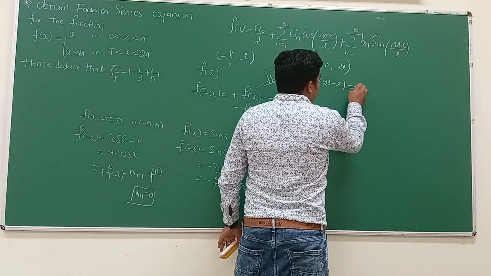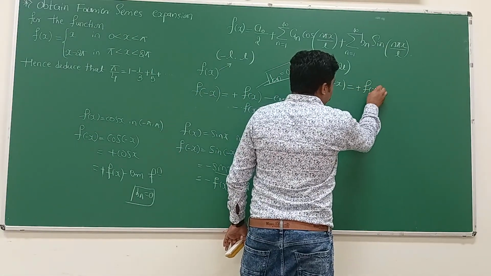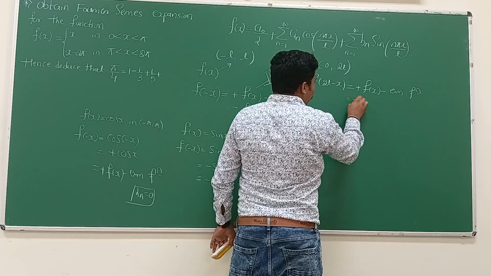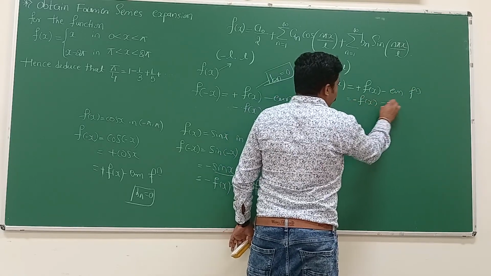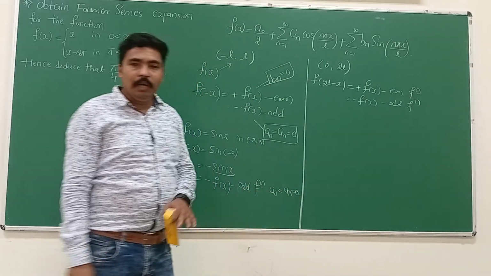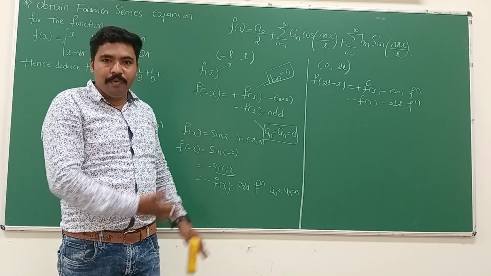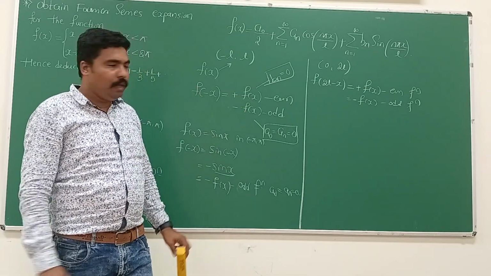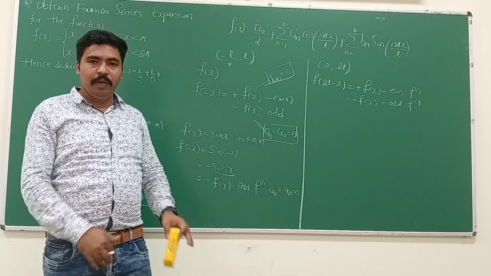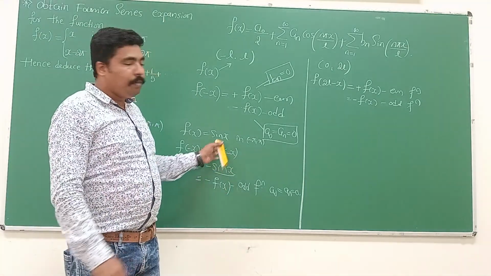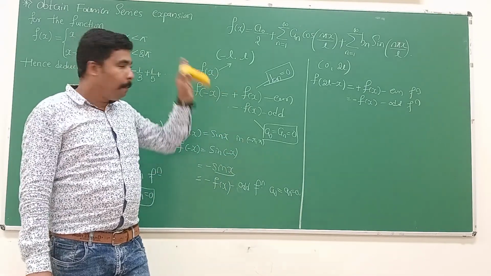If we are getting positive of f of x, then this is called an even function. If I am getting negative of f of x, then this is called an odd function. For an even function, bn should be 0. For an odd function, a0 and an should be 0. This is the universal truth in Fourier series.